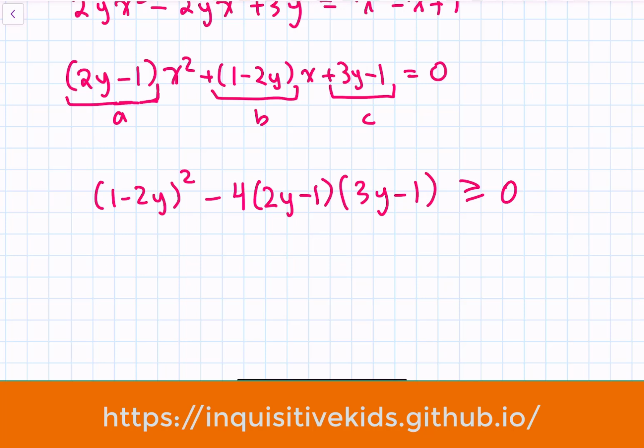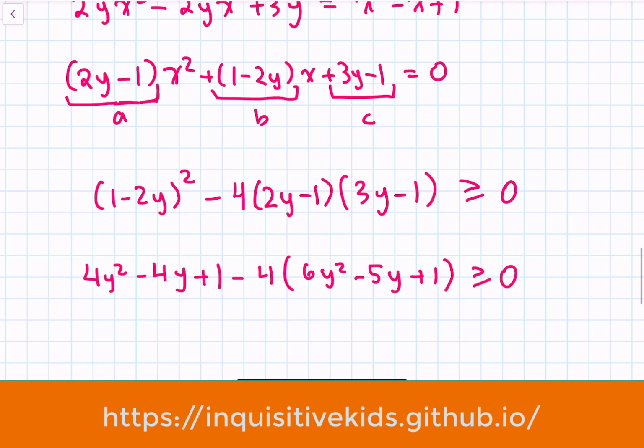And then we simplify. In the front, we have 4y squared minus 4y plus 1, minus 4 times the product, which simplifies to 6y squared minus 5y plus 1, is greater or equal to 0.